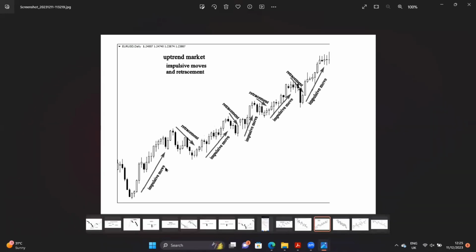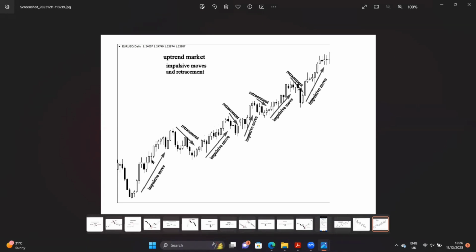Now here is the implosive. Around the implosive area, we have more ERC candles and price moves faster. From this retracement to the next retracement, we had almost 10 candle movements, depending on the time frame we are on.